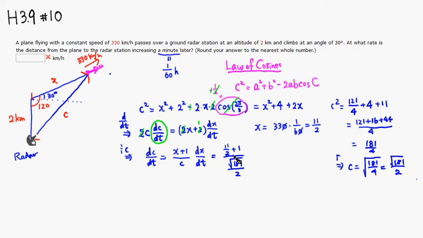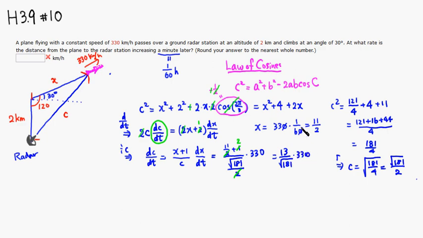Then dx over dt is given as 330 kilometers per hour, so multiply by 330. Multiplying the denominator by 2, we have 13 over the square root of 181, times 330.